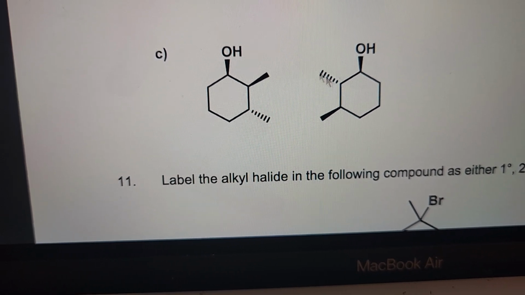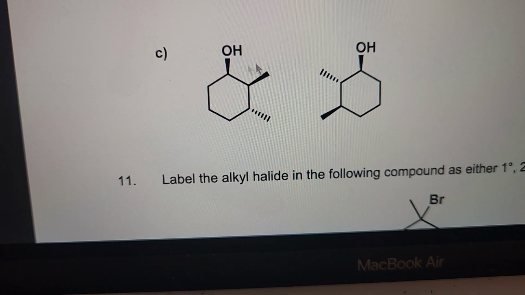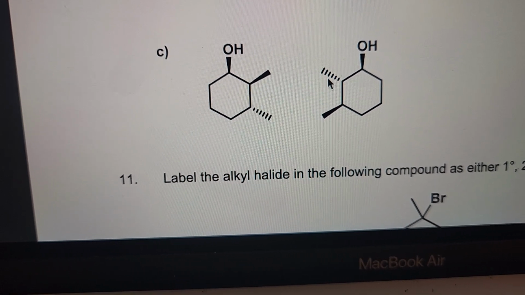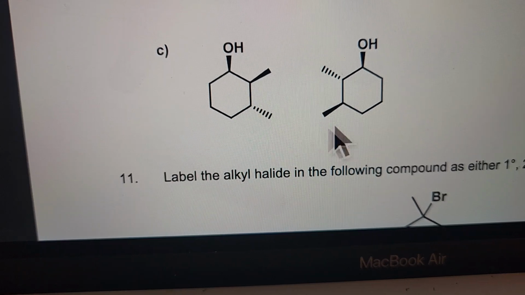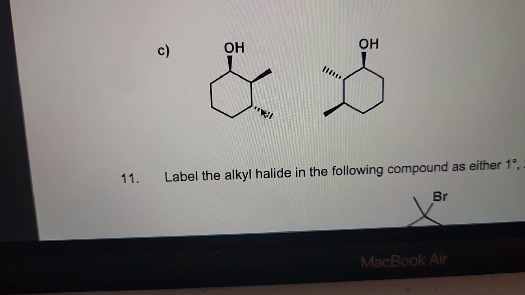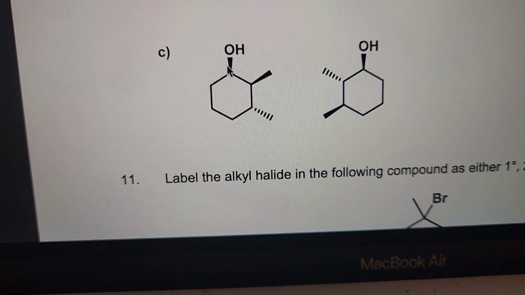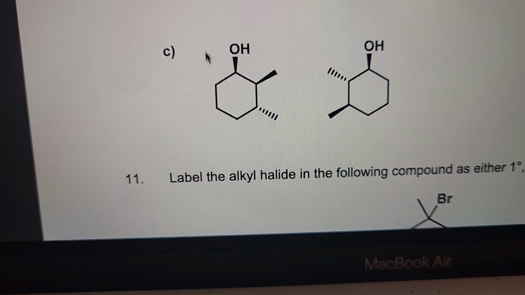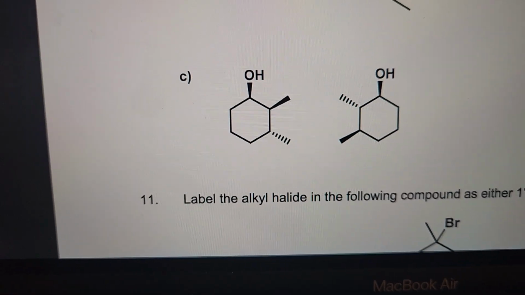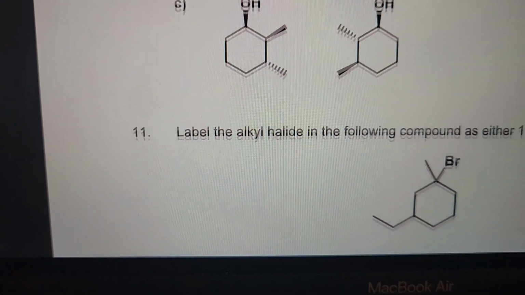This CH3 is changing, is opposite. And this one is opposite. But since we do have this OH that is not changing, we're going to call this a diastereomer instead.